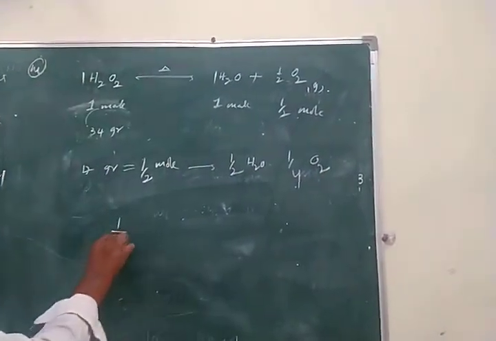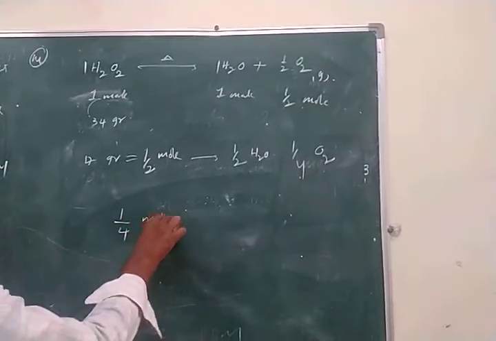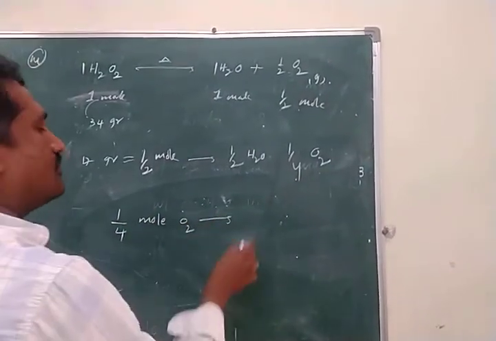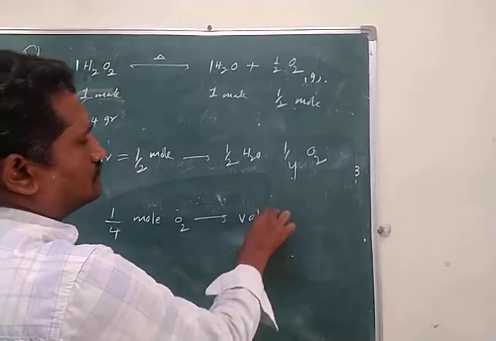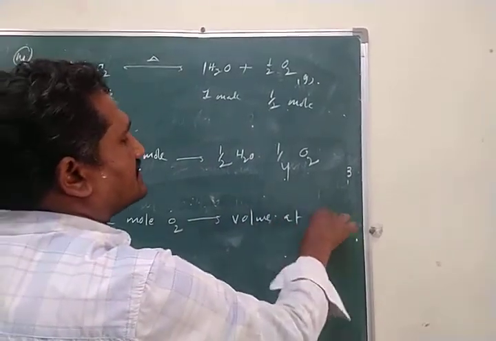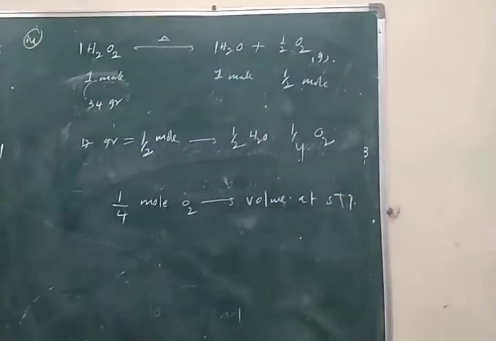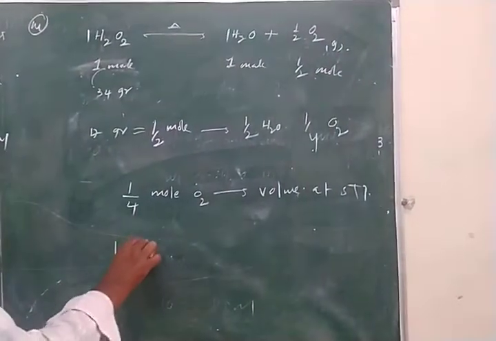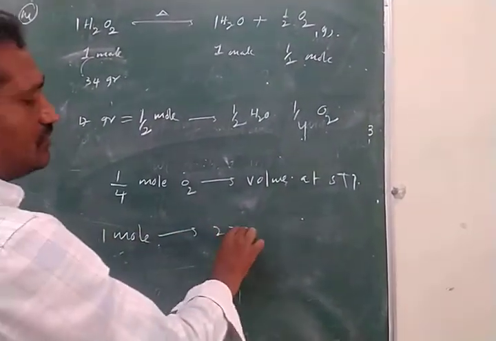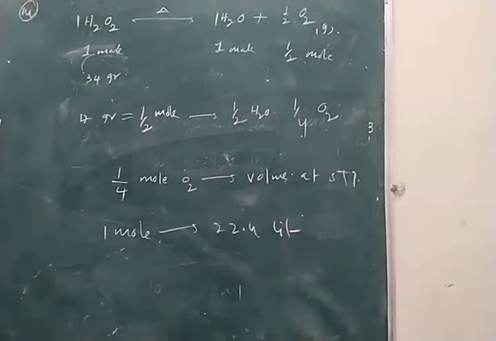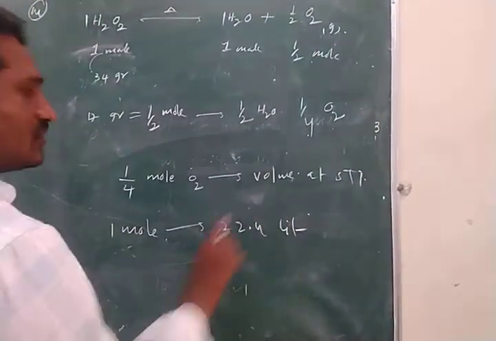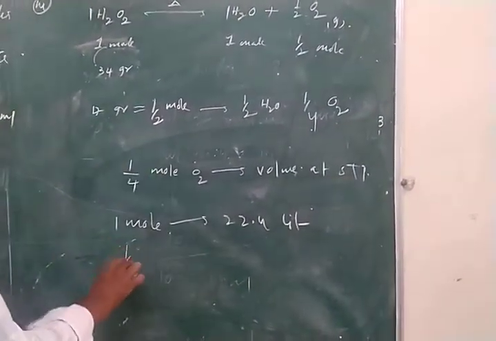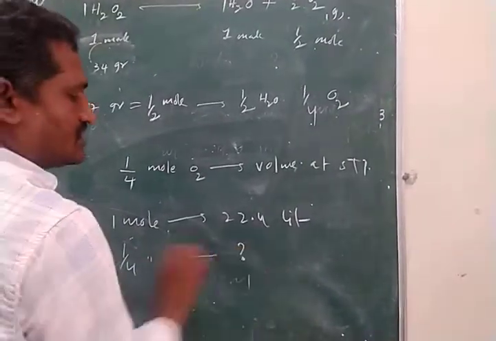Now 1 by 4 mole of O2 can occupy what volume at STP? 1 mole of any gas always occupies 22.4 liters. Then 1 by 4 mole occupies how much volume?